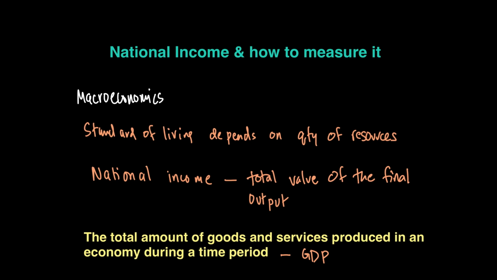This is one of the most important economic indicators used in judging the performance of an economy. When it comes to the measurement of national income, we actually take three approaches: the expenditure approach, the income approach, and the output approach.